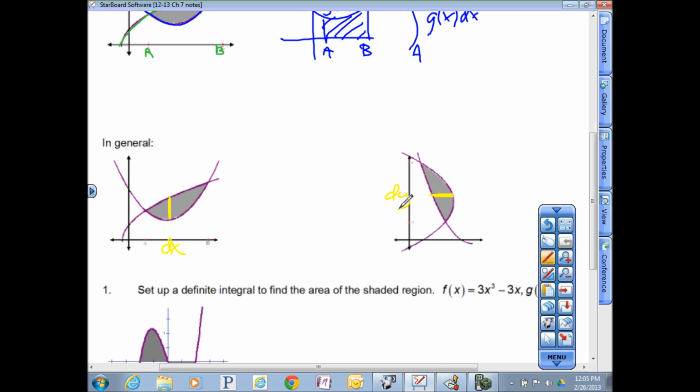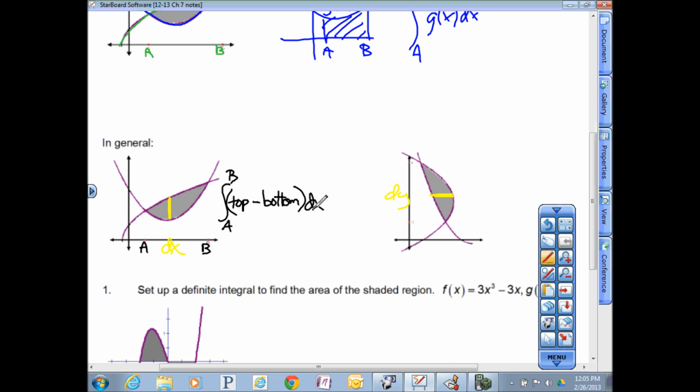So if we're using x's, we're going to integrate from, in this case, our a to our b again, the top function minus the bottom function with respect to x. So if we're using x's, it's going to be top minus bottom.